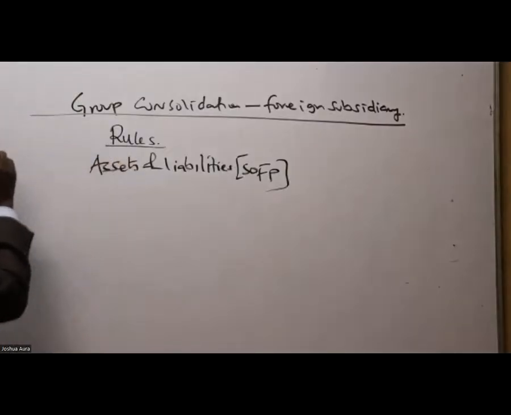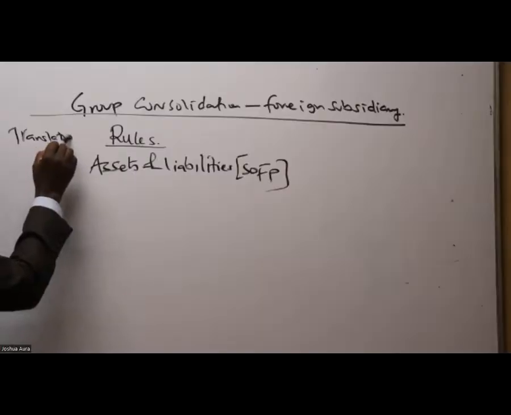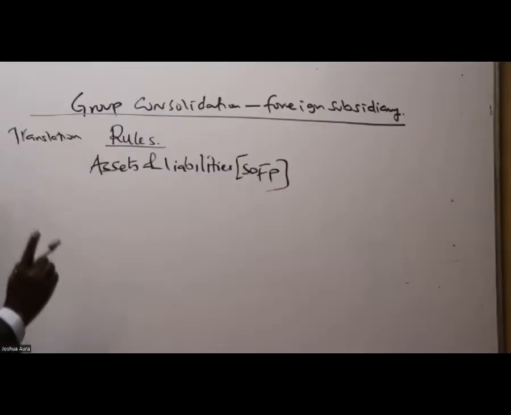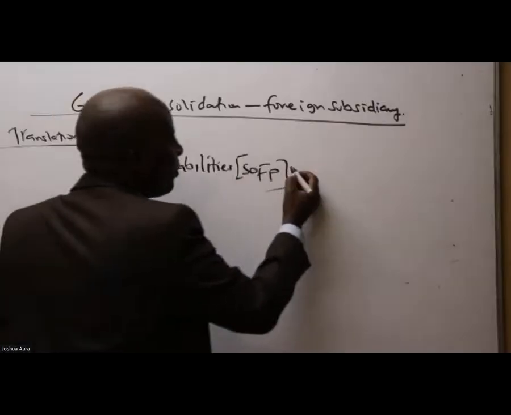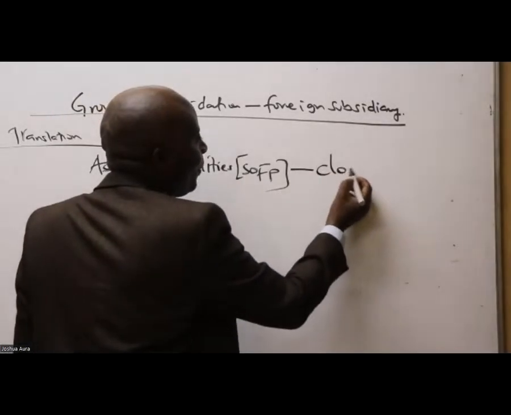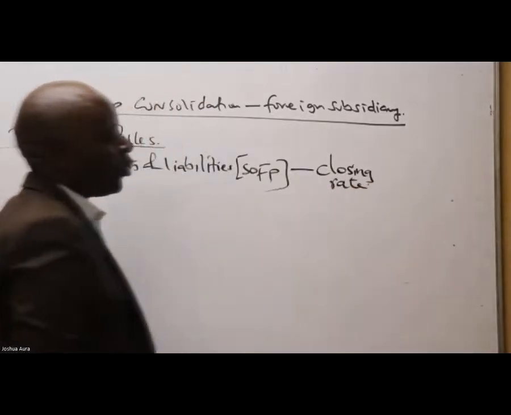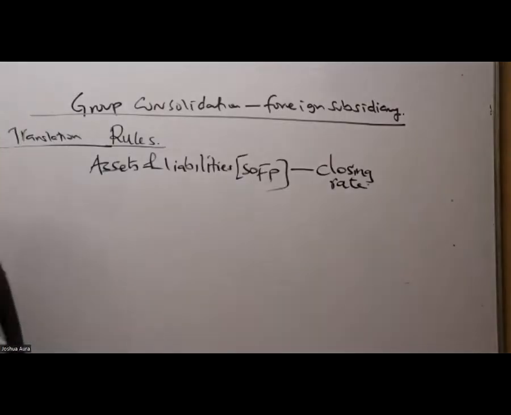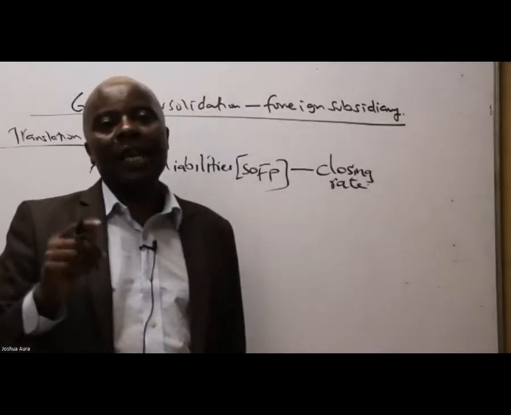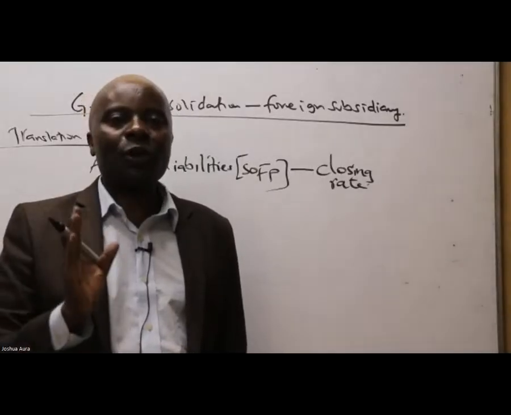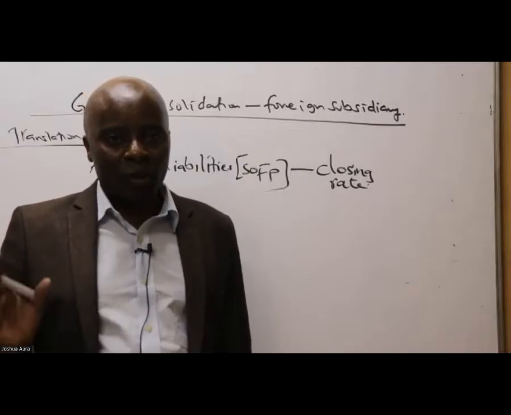So assets and liabilities, we shall always be translating them at the closing rate. Closing rate is the rate which exists at the end of the financial reporting period, the end of the year.